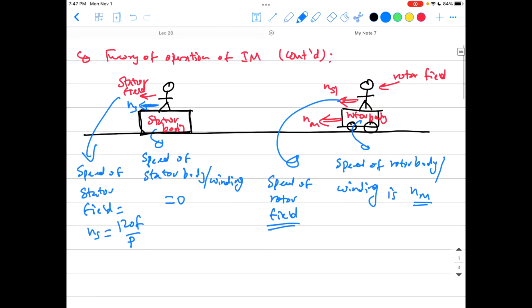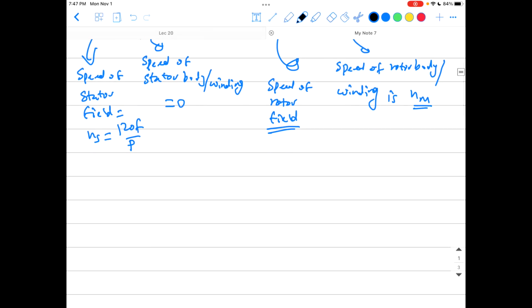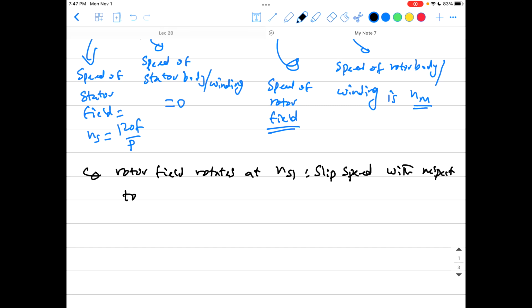Guys, you remember, like I said, the speed of the magnetic field of the stator is the same as the magnetic field of the rotor. They are coupled together, rotating at the same speed. So I'm going to say this now, and pay attention with me, please. The rotor field rotates at Nsl, called the slip speed, with respect to the rotor body.